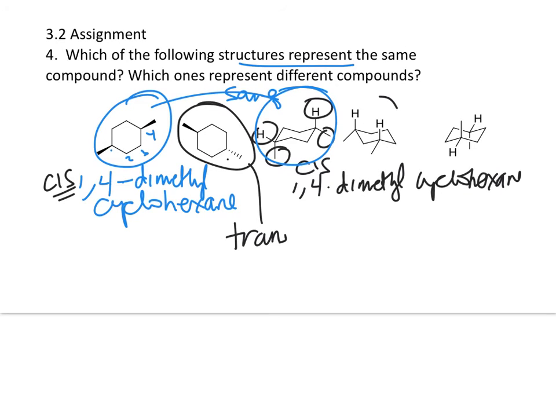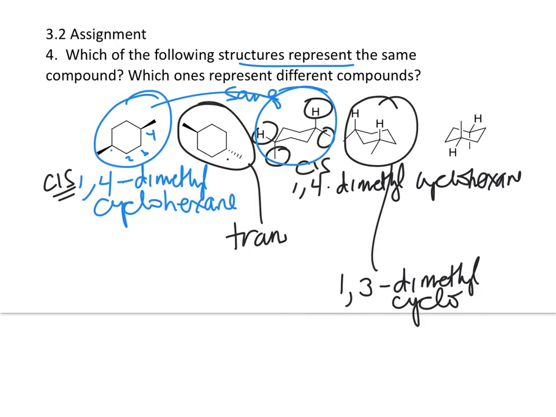And then your next one here would be a 1,3-dimethyl cyclohexane. And then you look to see that both hydrogens are going up, so that means these methyls are on the same side. They're both below the ring, and they would be cis.